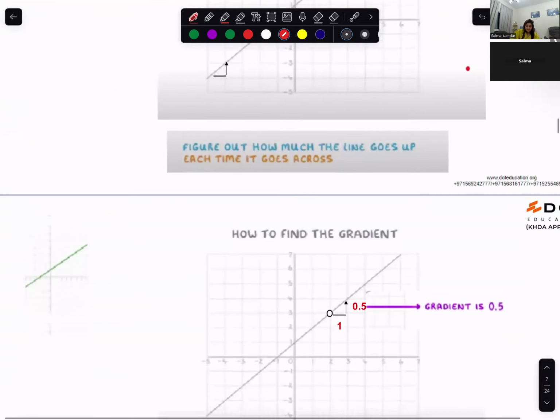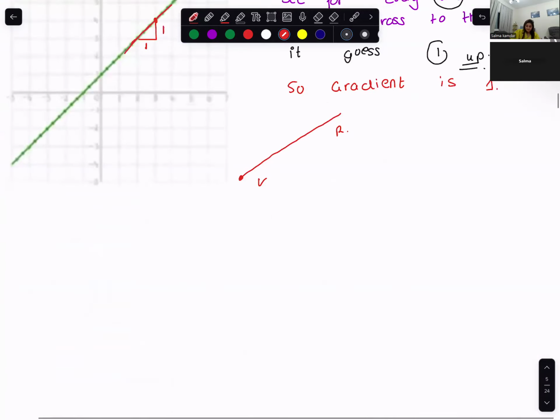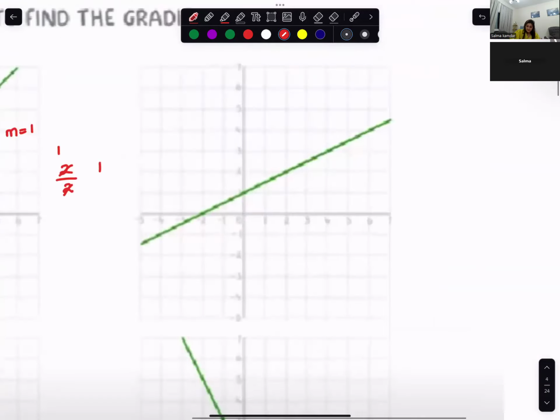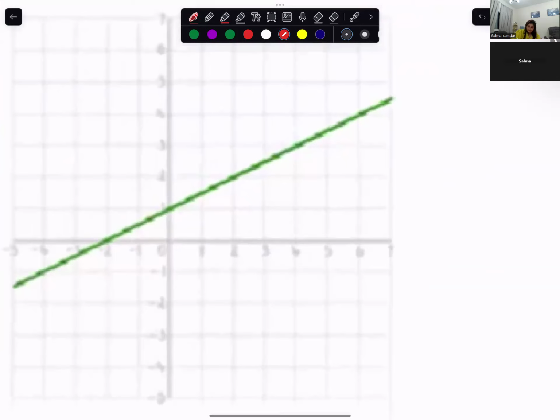If you look at the second diagram over here, take any point. I'm taking this point. One movement across gives you approximately half a movement upwards. So the gradient of the line is 0.5.